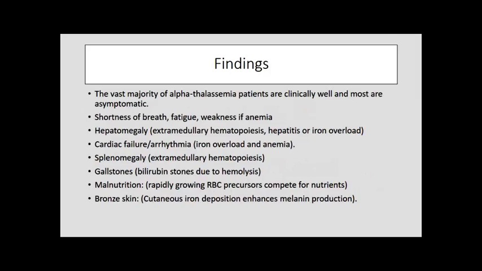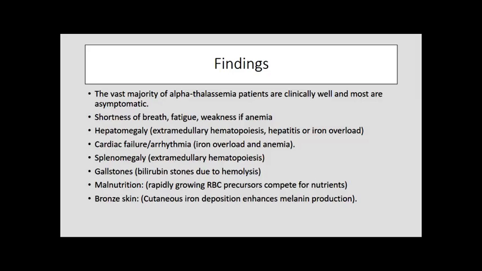Well, the findings, remember, most patients are totally asymptomatic. Okay, most patients have silent conditions or are carriers having simply a mild anemia. If they have anemia, they are going to have the classic symptoms: shortness of breath, fatigue and weakness, paleness, all of these things that are common to all anemias.